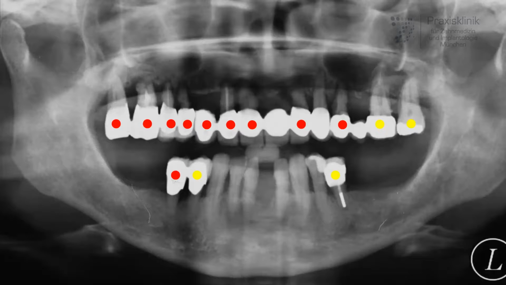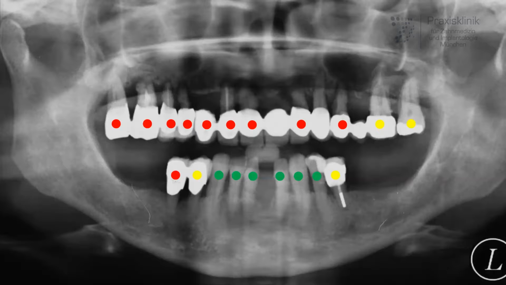They get a yellow mark. The third class of teeth are those with a very good prognosis, here with a green mark. Those teeth are without any kind of damage or just with very slight damages like small decays or something.